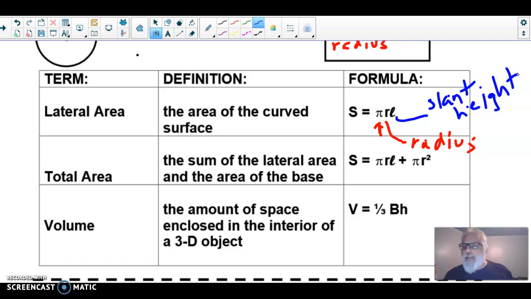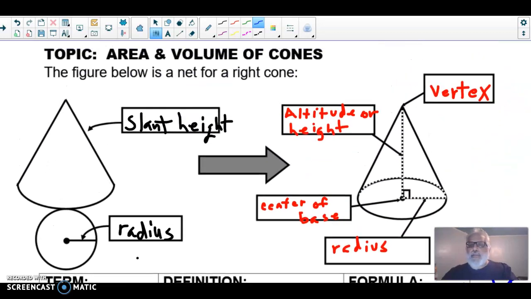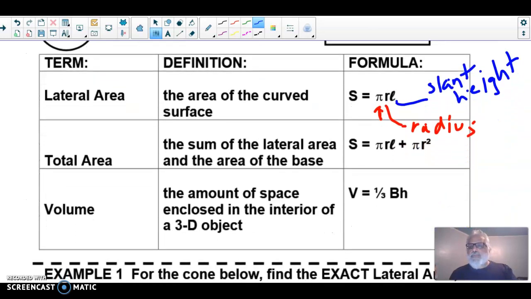So you got pi, R is the radius, L is the slant height. And remember, the slant height is this side right here. That's my slant height. So L is my slant height.